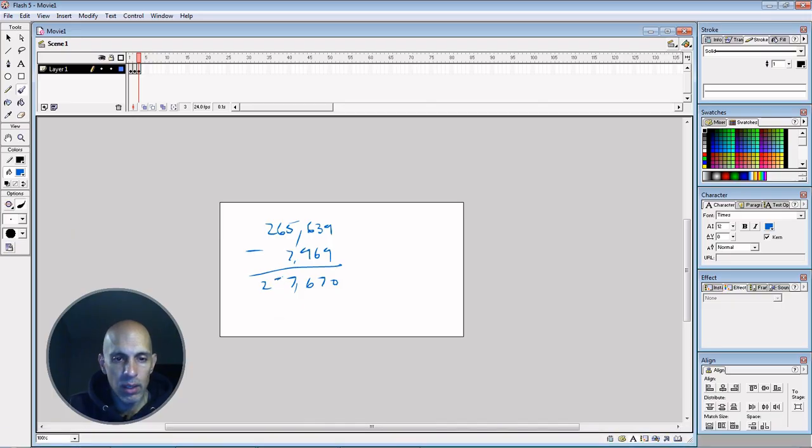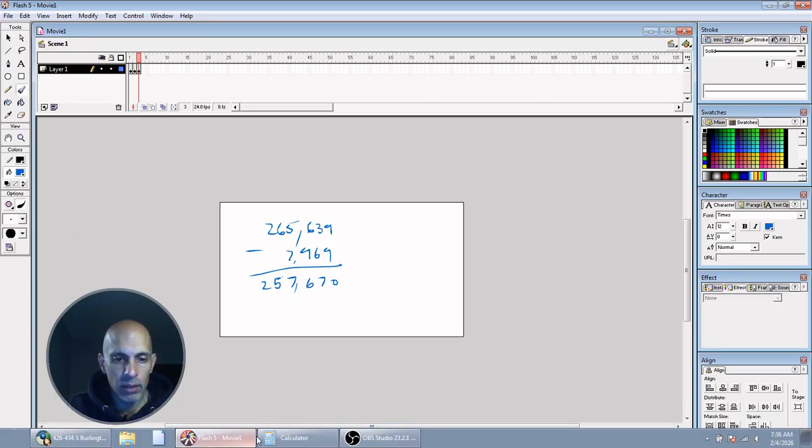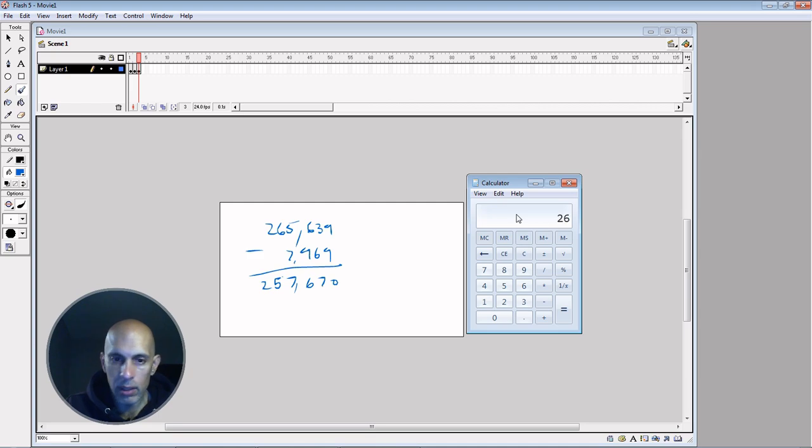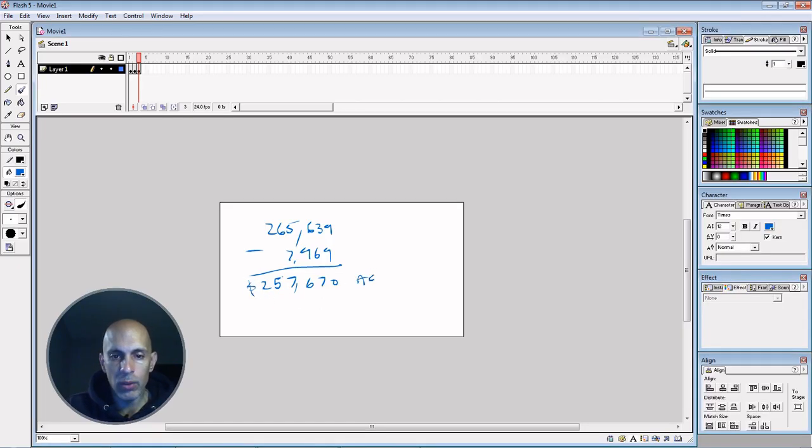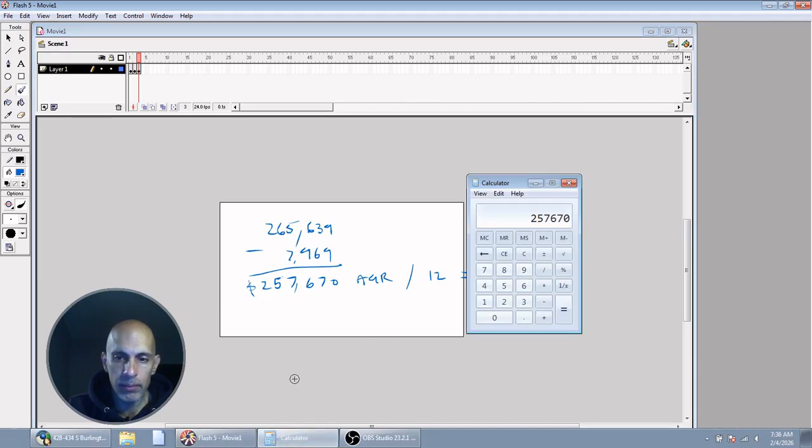Let's see if my math is right. Yeah, this is our annual gross rent. Let's divide this by 12 to get our monthly.